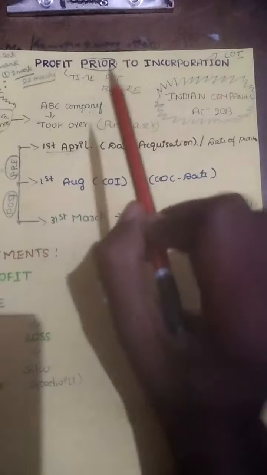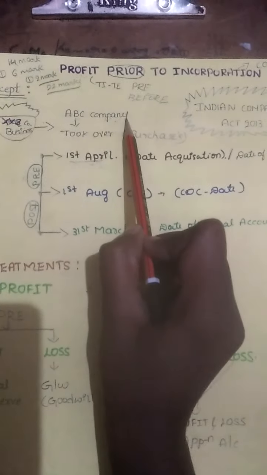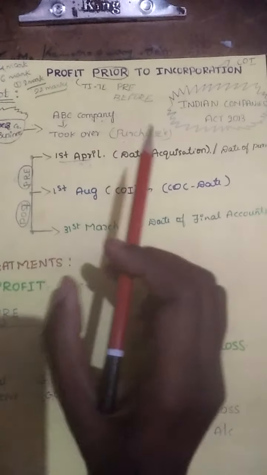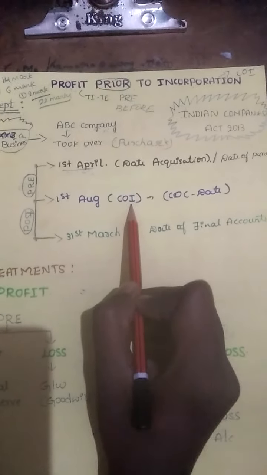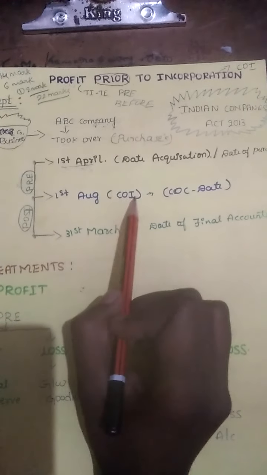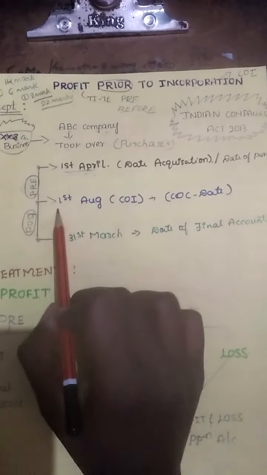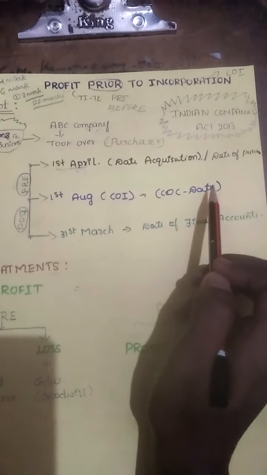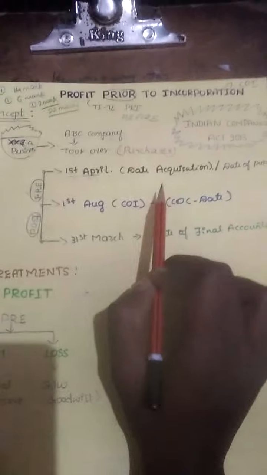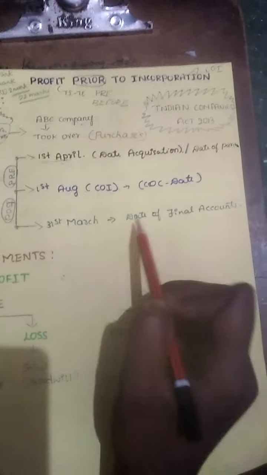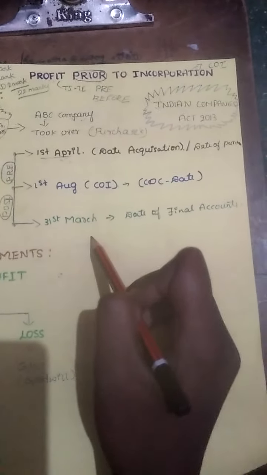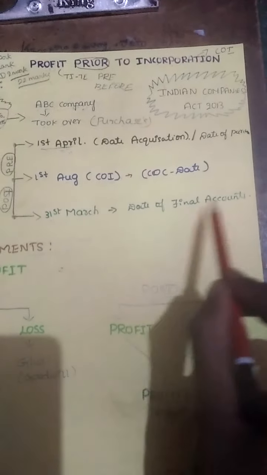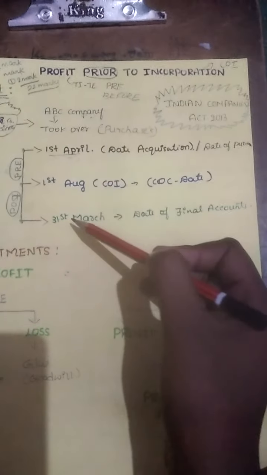For example, this ABC company received the certificate of incorporation on 1st August. So this date will be called the certificate of commencement date. Later, on 31st March, the ABC company prepared its final accounts. So this date will be called the date of final accounts.